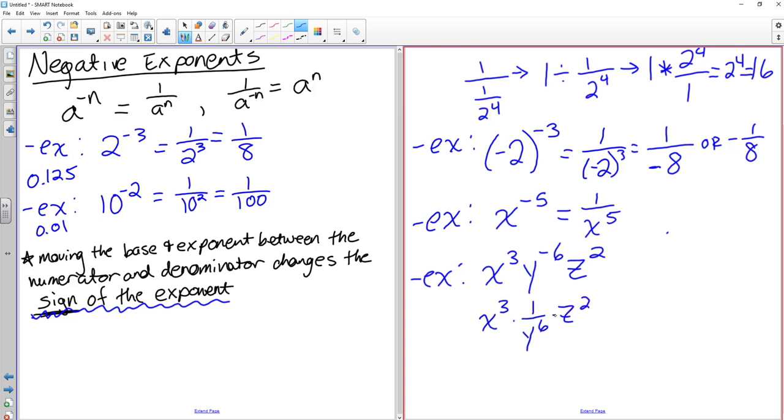Just like multiplying fractions, if I want to make the x and the z part look like a fraction, I could put them over 1. So when I combine these, I'll have x cubed, z squared on top, and then y to the sixth on the bottom. Notice, only the part that has a negative exponent needs to get moved. Everything else stays where it is. So the x and z here being positive, they stay on top.